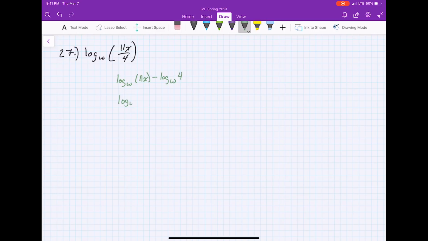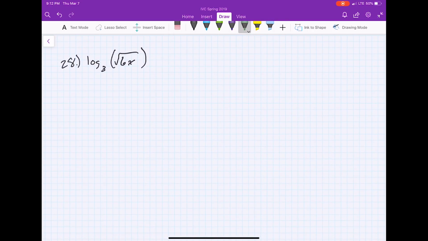So we'll have log sub w 11 plus log sub w x. I should make these cursive L's because they look too much like ones. But anyway, minus the log sub w 4. So there you go. That is that one converted.